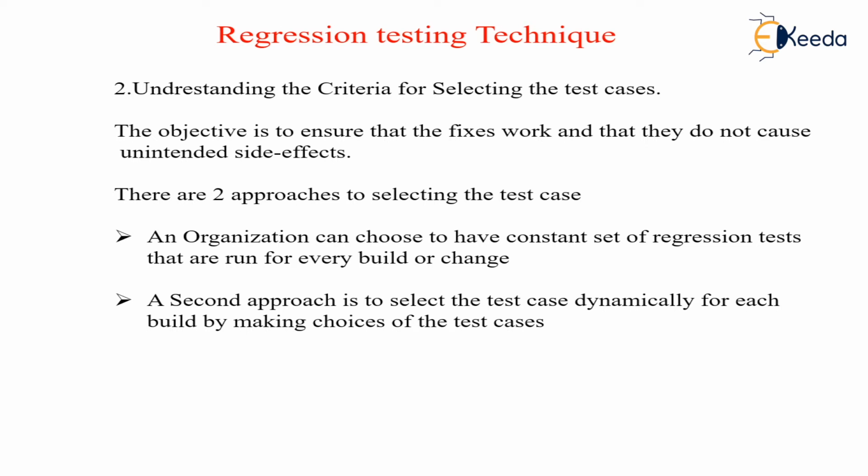These two things are a must. First, there should not be unintended side effects. It should not cause any breakups, any following errors or any kind of defect. That is why an organization may choose to have a constant set of regression tests. And the second approach is to select the test suites dynamically for each build by making a choice of the test cases.